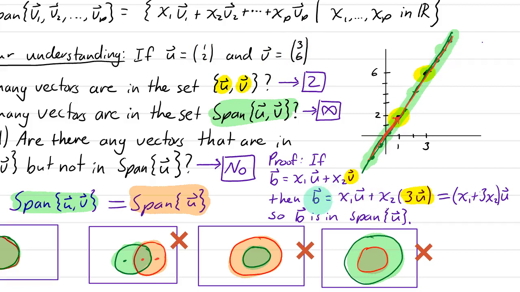Then when you rewrite b as this linear combination of u and v, but writing it in terms of u, you can use the distributive rule, which does work with vectors, by the way. So you can rewrite this as x1 plus 3x2 times u, and that is a linear combination of u, which means that this vector b is in the span of u as well.